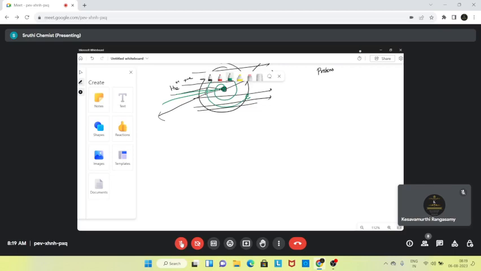Will this happen in the atom? Definitely not. If electrons fall into the nucleus, it proves that the atom is unstable. So Rutherford also failed to explain the stability of the atom. His concept is that the electrons are revolving. Where the electron is revolving and how it happens, he didn't explain.